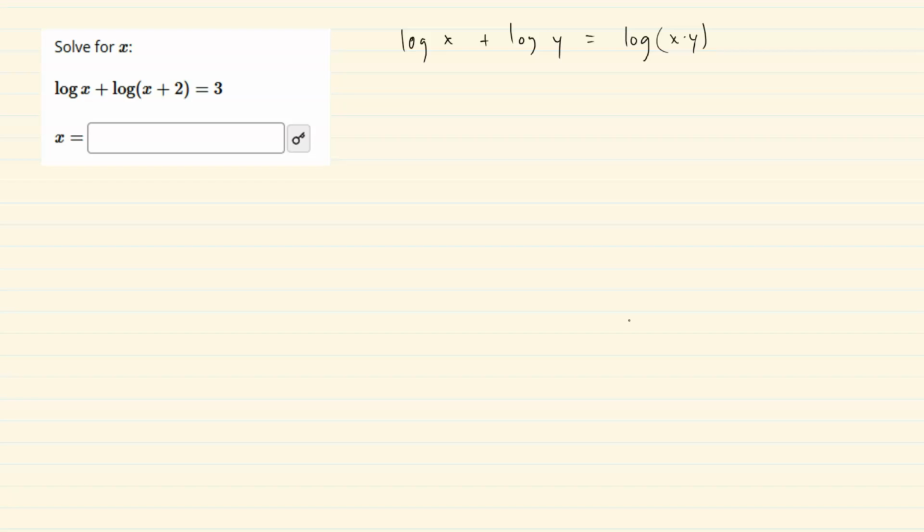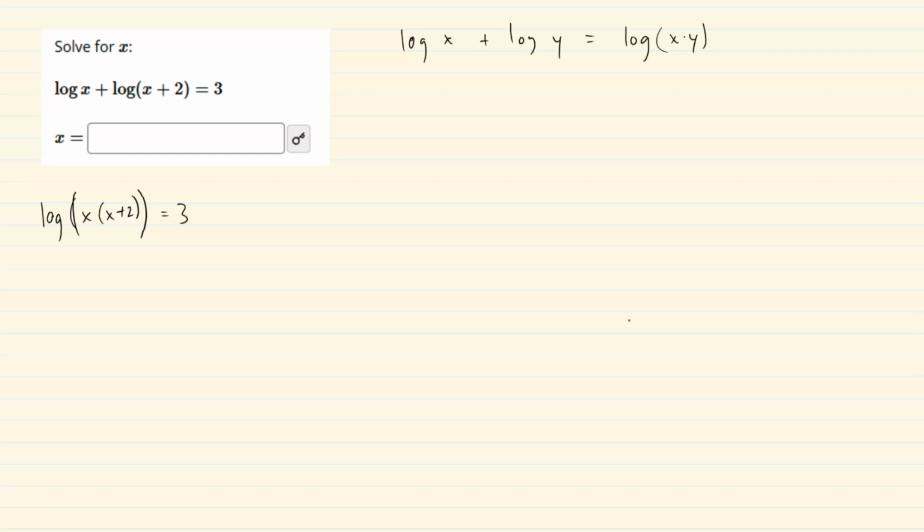Applying that property, we could obtain log of x times x plus 2, all inside that logarithm, and that's equal to 3.